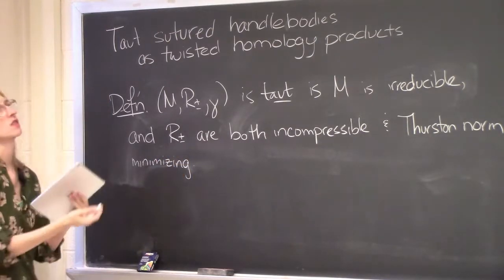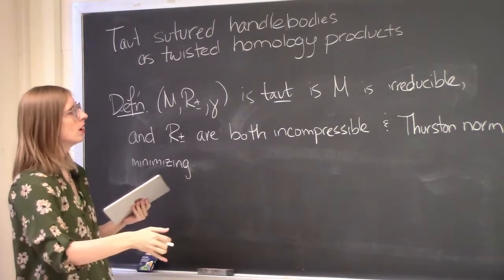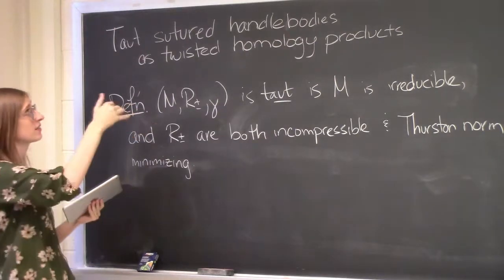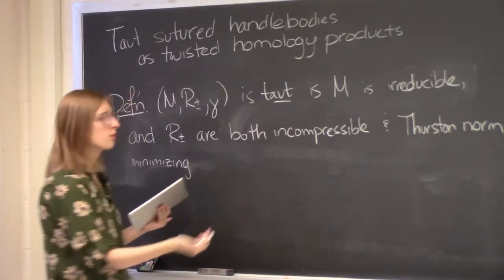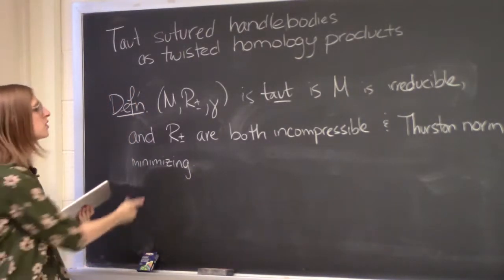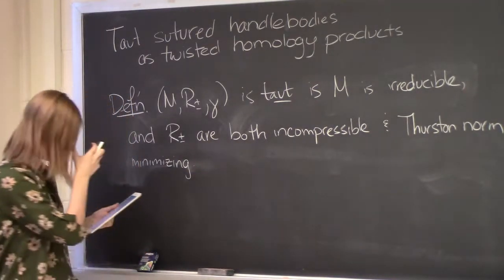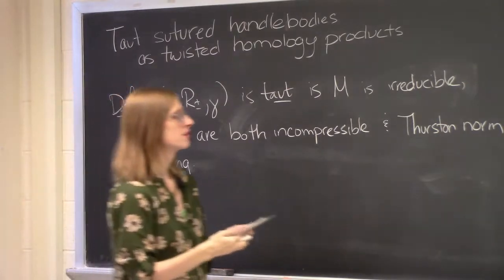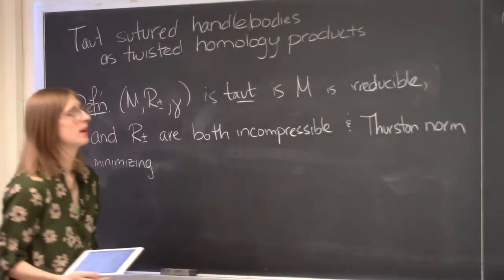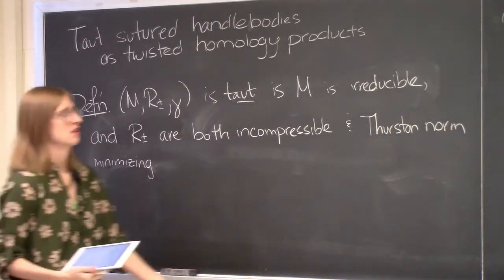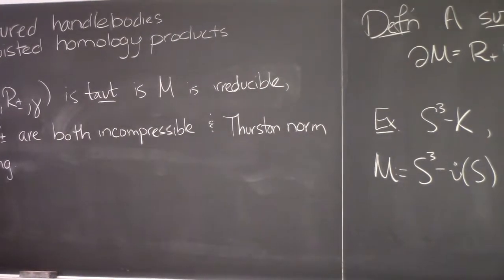On the first two conditions, that our manifold is irreducible and that R plus and minus are both incompressible: irreducible, in the case of handlebodies, will just always be the case. And R plus and minus being incompressible is more or less encapsulated by being Thurston norm minimizing. So if we're looking at a surface in our 3 manifold and we want to know, is this Thurston norm minimizing, the idea is we can cut along it, as we did with our Seifert surface, and ask, is the sutured 3 manifold that we get from this taut?